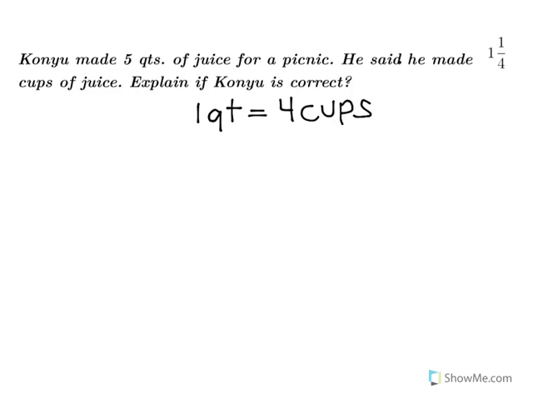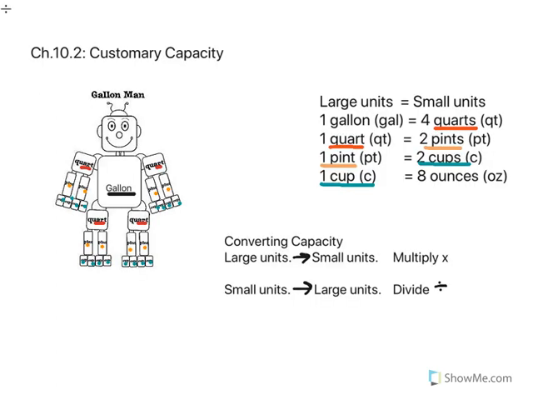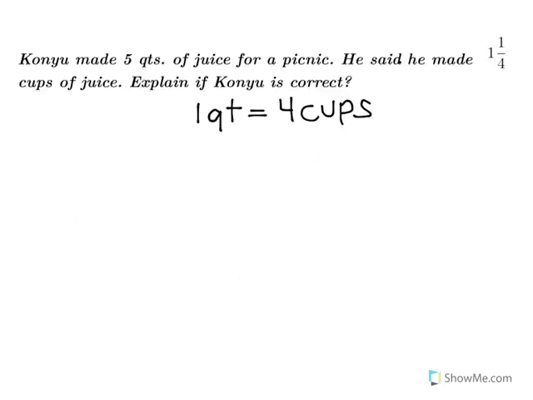And since quarts are large and cups are small, for my little Gallon Man, quarts are large, cups are small, I know that 5 quarts times 4 cups is going to give me 20 cups.